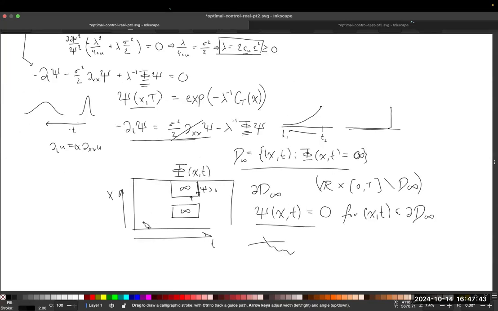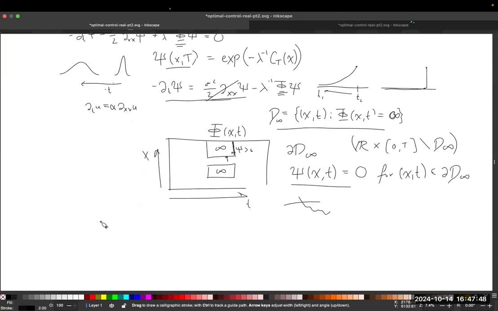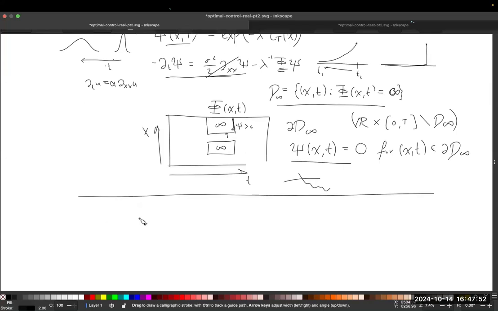Okay, maybe there's more to say about that, but I would like to do one more thing, which is let's return to the case where phi is uniformly equal to 0. This is the case that we were looking at last week.